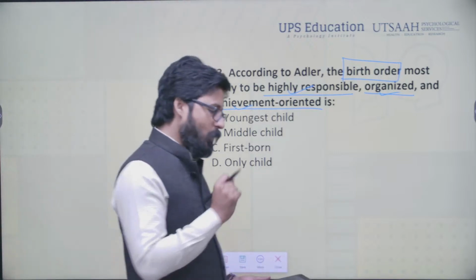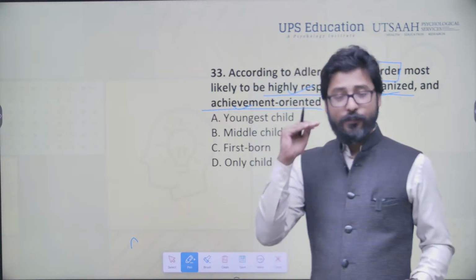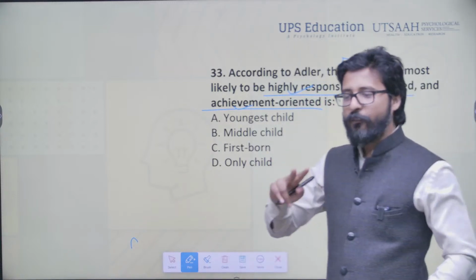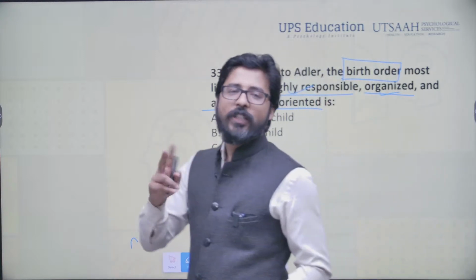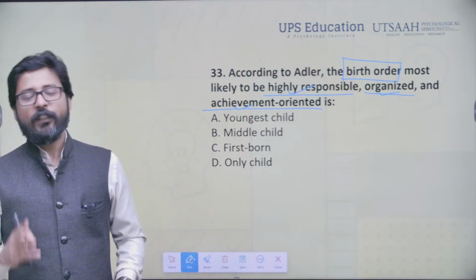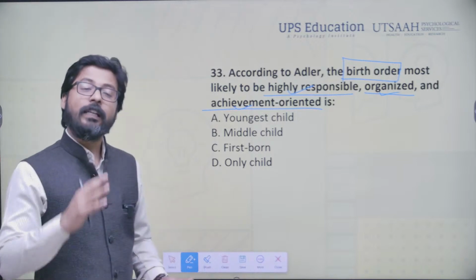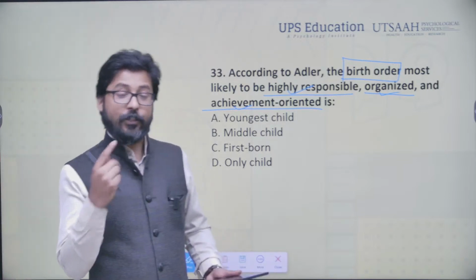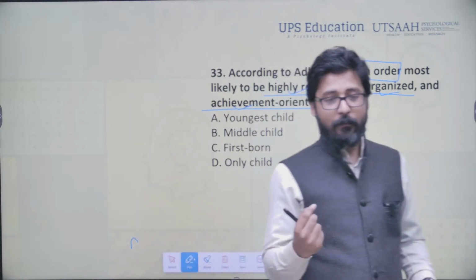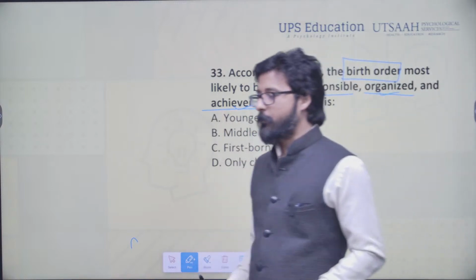If there are two children in the family, there are the firstborn and the youngest child. If there are three children, then firstborn, second-born and youngest. It is also possible that there is only one child in the family, so we refer to the only child explanation presented by Adler.